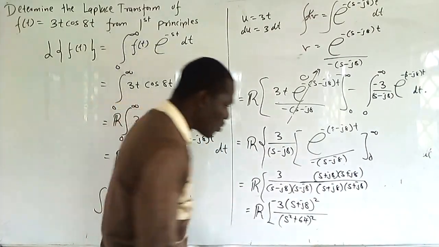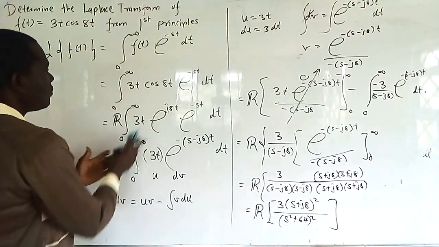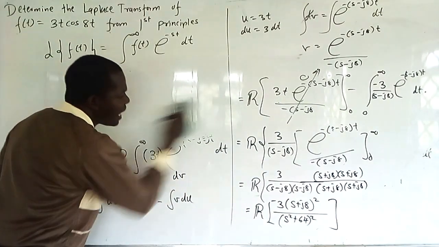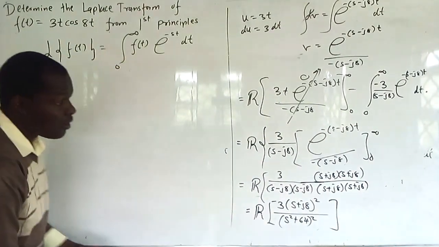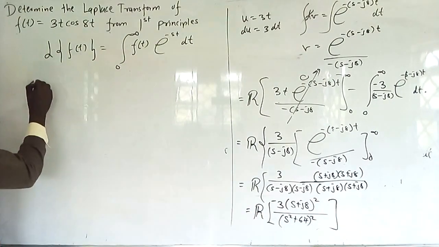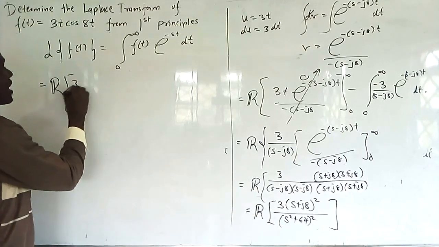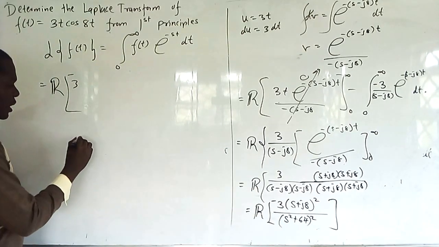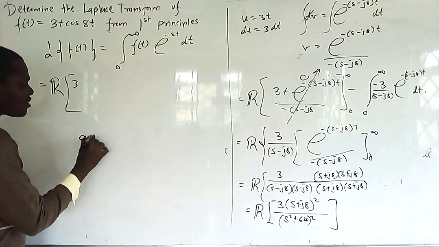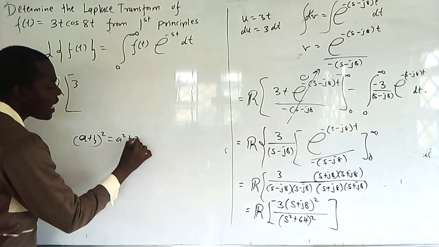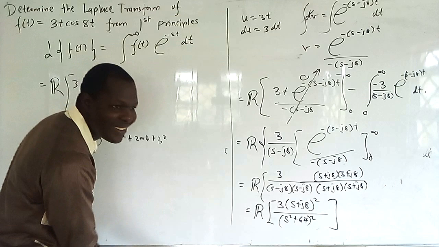Yeah. So go to the numerator. Open that. That is a quadratic identity, isn't it? So we have the real part of 3 into the quadratic identity. If you have a plus b squared, that is a squared plus 2ab plus b squared. See there?